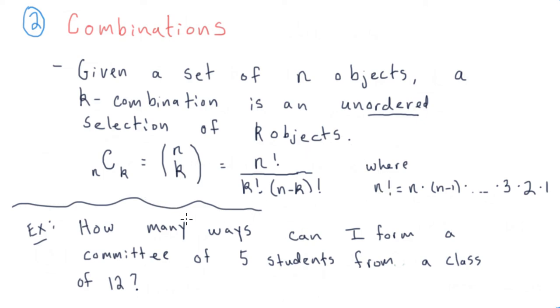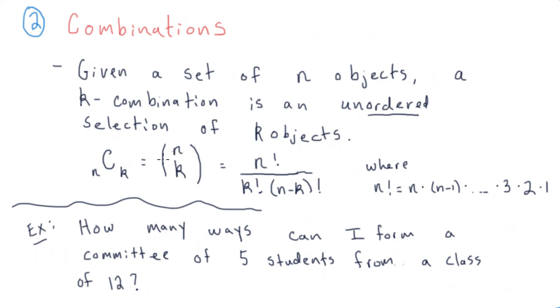Okay, so notationally, for a set of n objects, the number of k combinations is denoted C(n, k). It's equal to something that we've seen before, and that's this particular binomial coefficient.